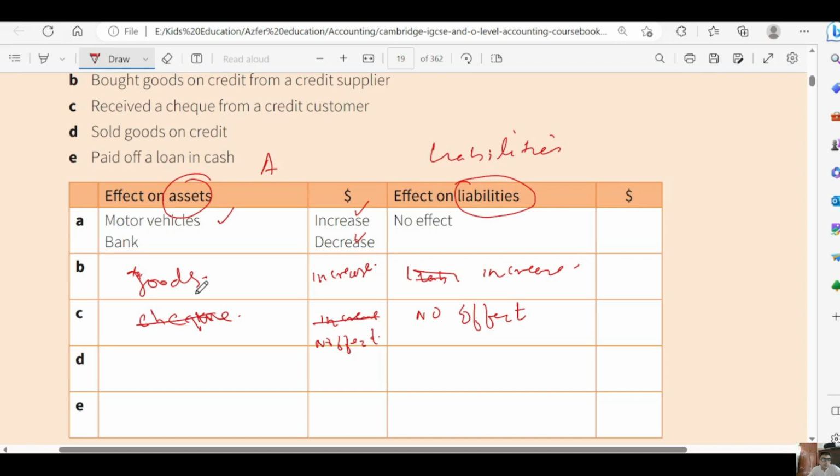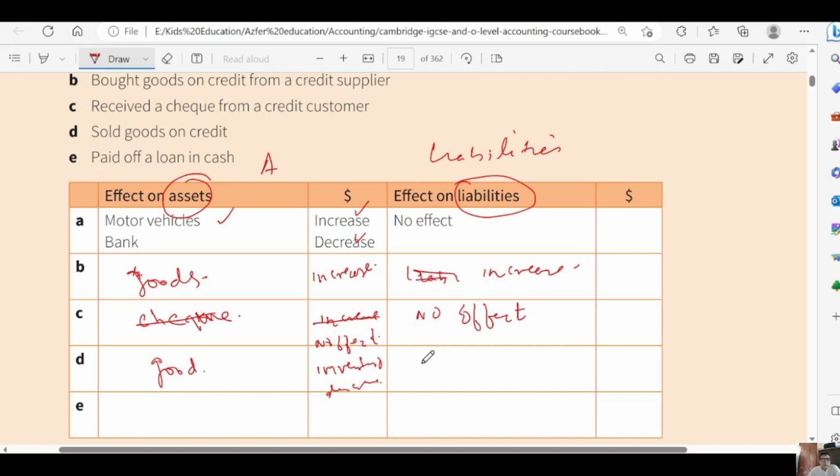Sold goods on credit. Okay, goods. Inventory will decrease, and so asset will decrease. Sold and liability, no effect.